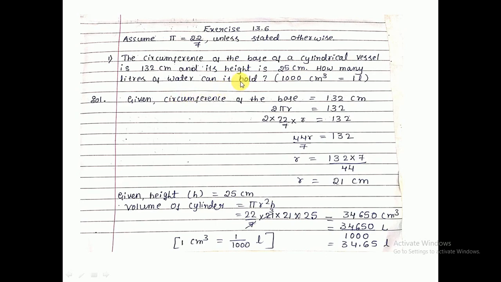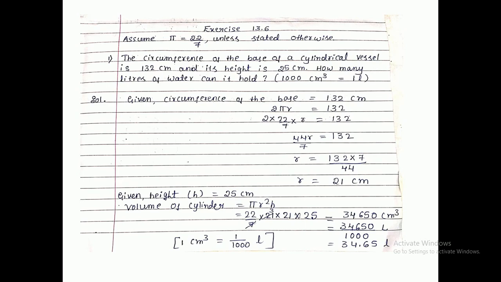It's an easy question, but here what is given actually? Circumference of the base of the cylinder is given. Circle circumference is 2 pi r. You all know 2 pi r is given actually. Using that concept, we have to find out r. Here radius is not given directly.